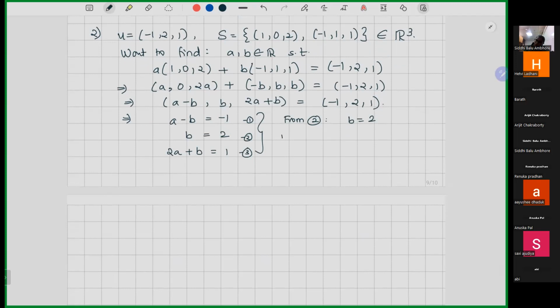Then from 1, what we get? a - b is equal to -1. So this will imply a is equal to -1 + b. Sorry, so this will be -1 + 2. So it is 1.